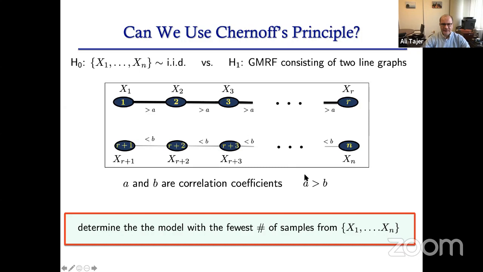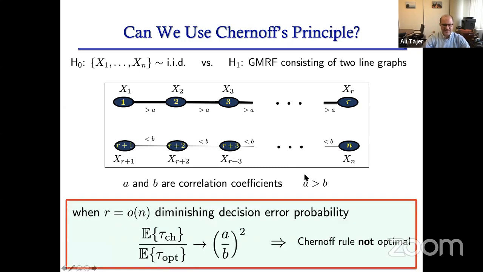If we do that by our analysis, we can show that the ratio of the average number of samples that Chernoff requires compared to the optimal approach of selecting the nodes will be (A over B) squared, where A is a value larger than B. So you immediately see that Chernoff's principle is not optimal anymore, even for this very simple network structure. As you make the network structure stronger, that deviation from optimality becomes even more significant.